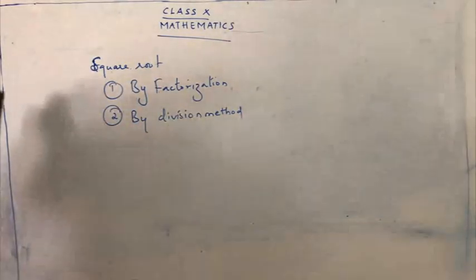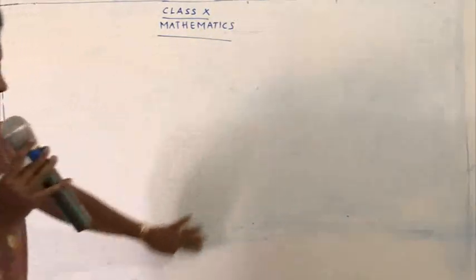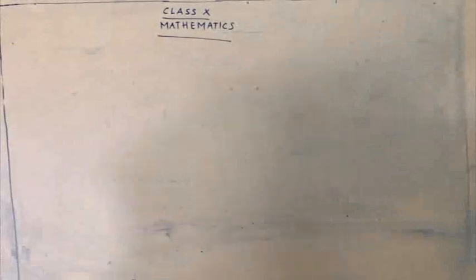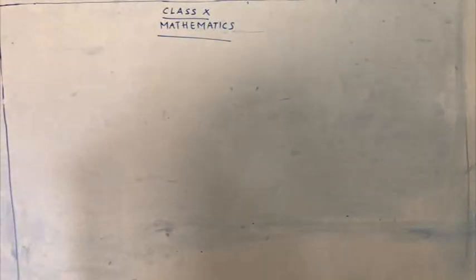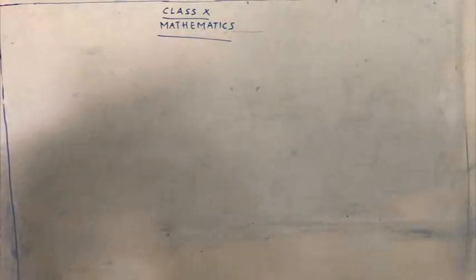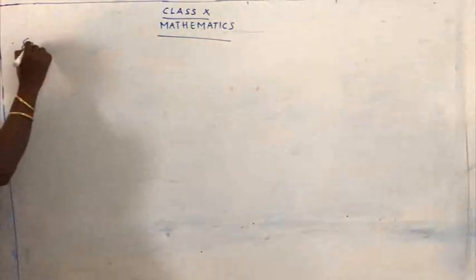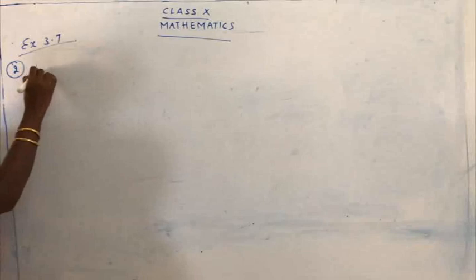9x square minus 24xy plus 30xz minus 40yz plus 25z square plus 16y square. Exercise 3.7, question number 2, subpart 2.